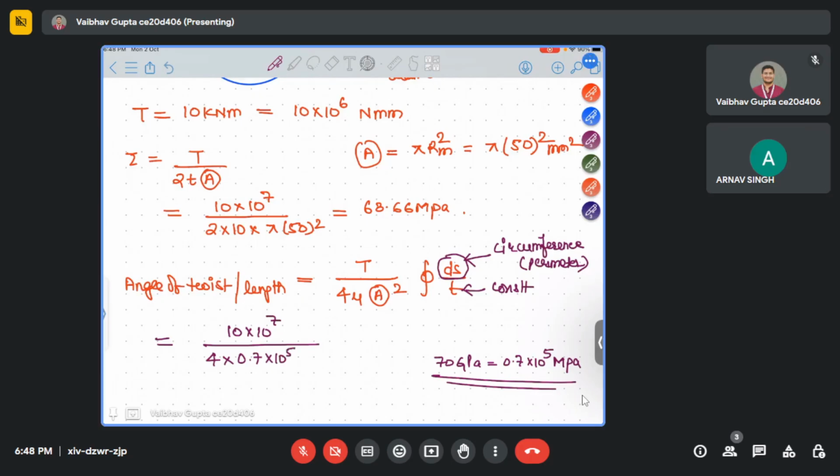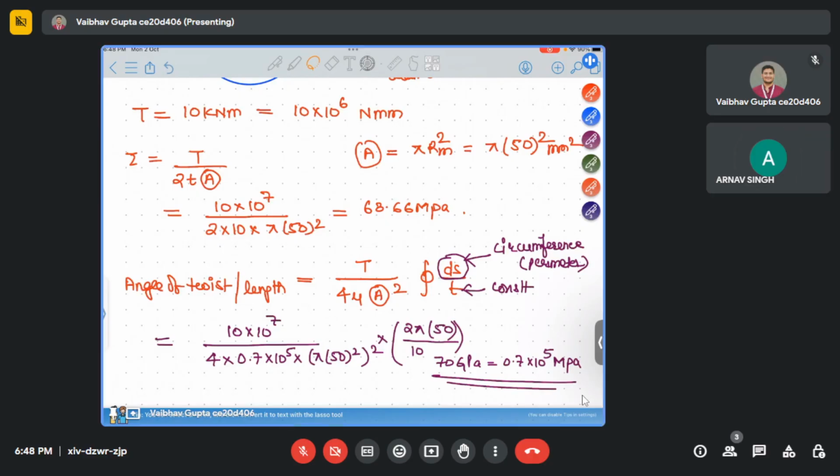Enclosed area square is pi into 50 square, whole square, into ds by t. What is ds? 2 pi rm, the circumference, divided by 10.